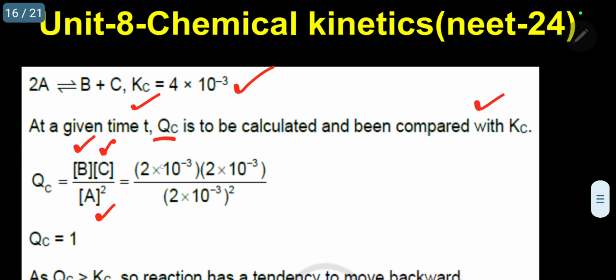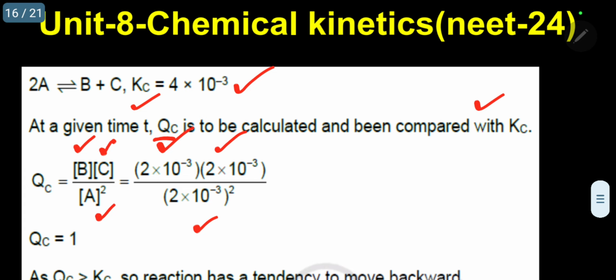So the value is given already: 2 into 10 to the power of minus 3, and 2 into 10 to the power of minus 3, and below it is 2 into 10 to the power of minus 3 twice. Because it is given Kc equal to B whole squared by A square.